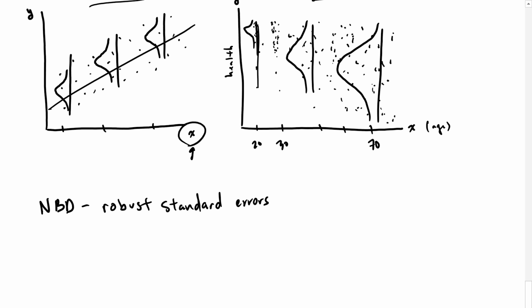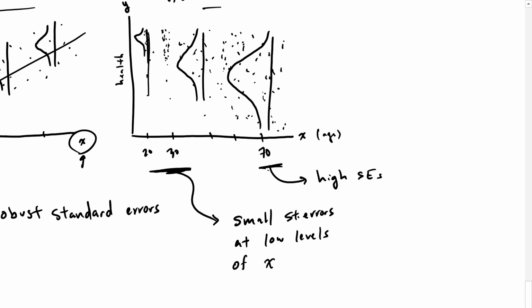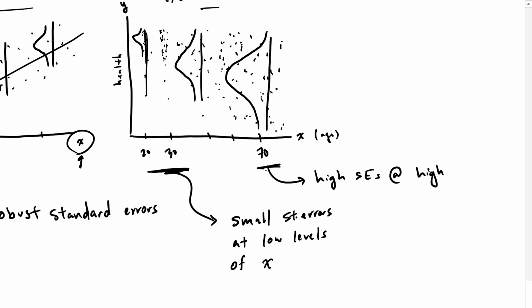So, just to finalize this, you have small errors at low levels of x, small standard errors, estimated errors, and at high levels of x, you have high standard errors, because you get a lot more variation.